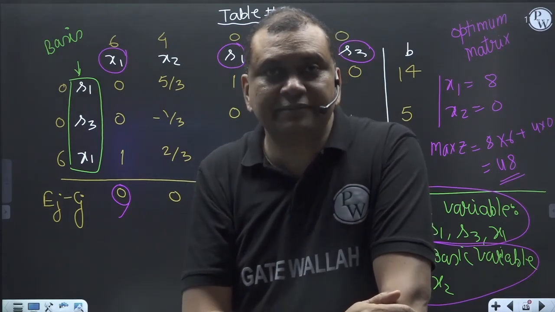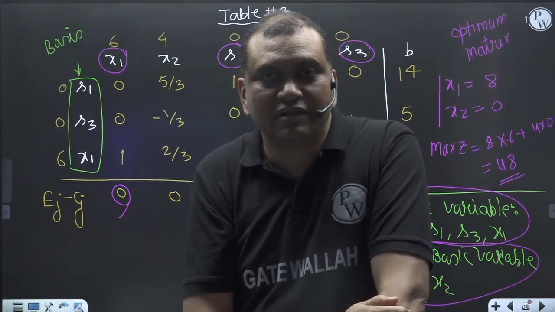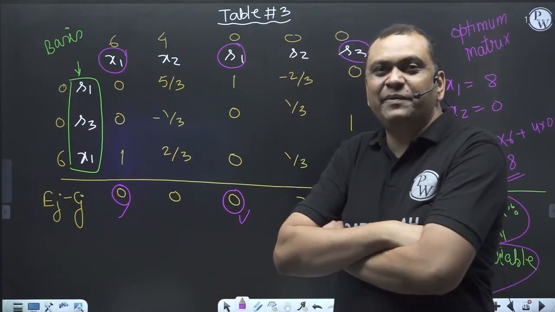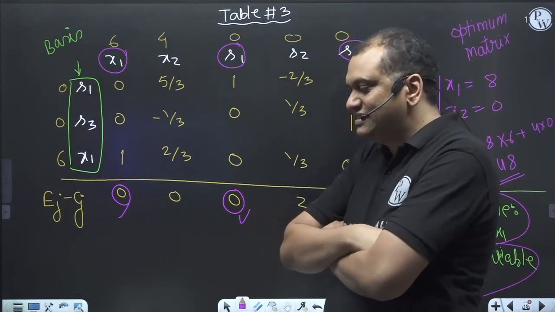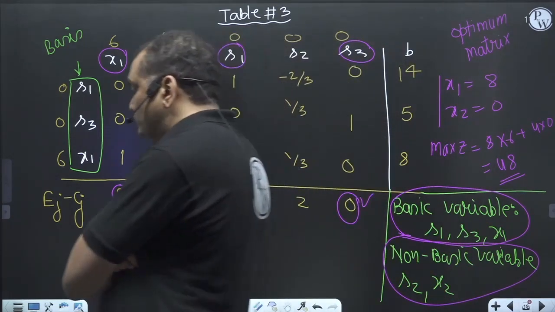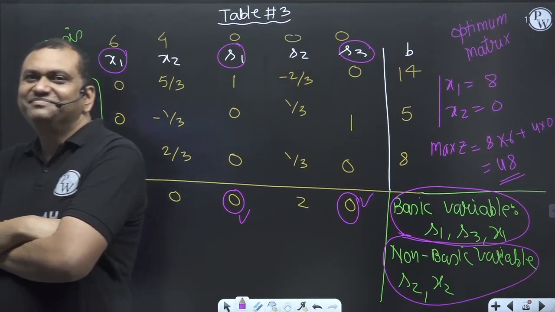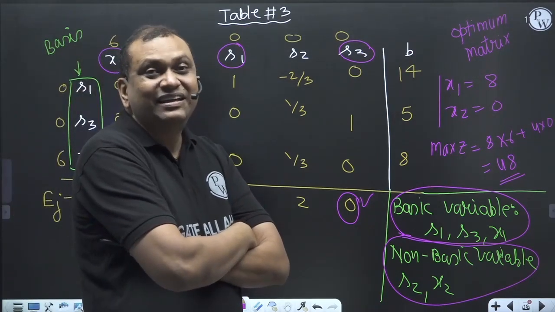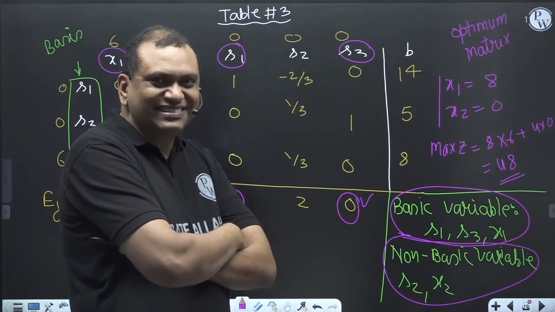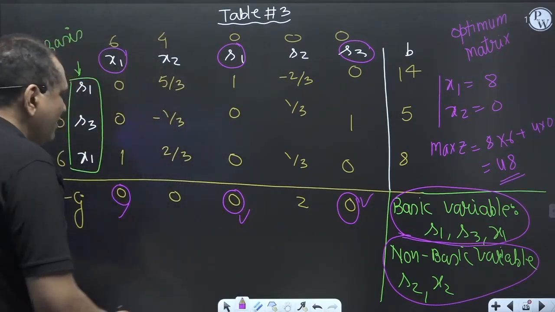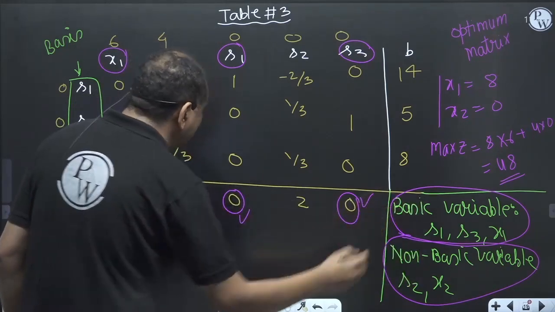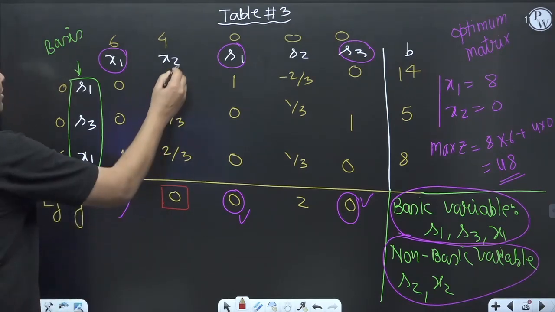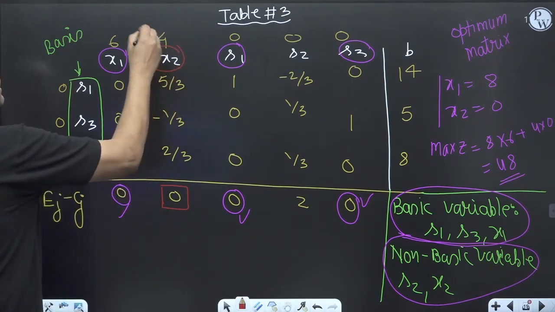If it doesn't happen, it means your calculation is wrong. Okay? Suppose it so happens that there is a 0 below a non-basic variable.